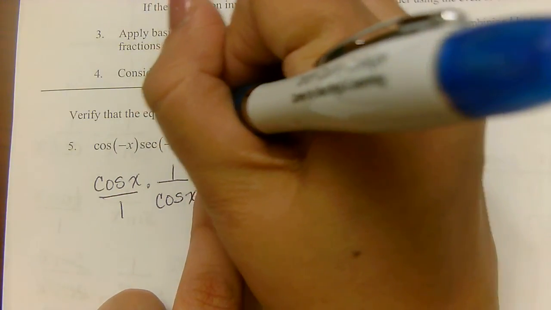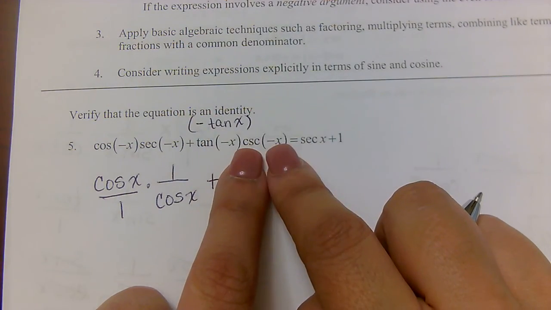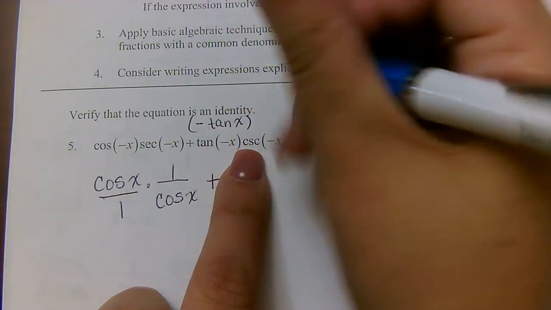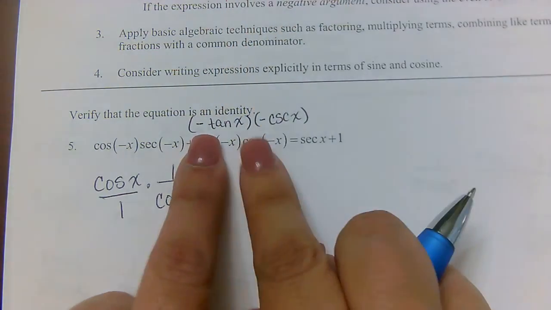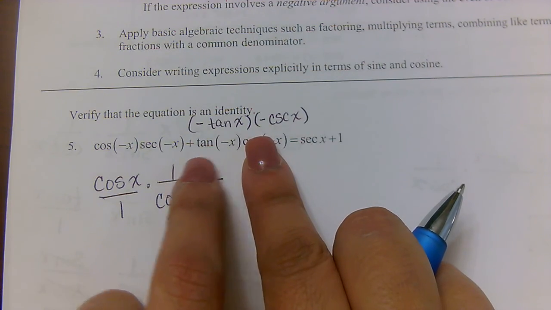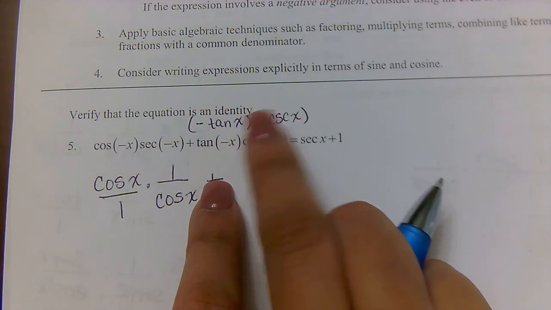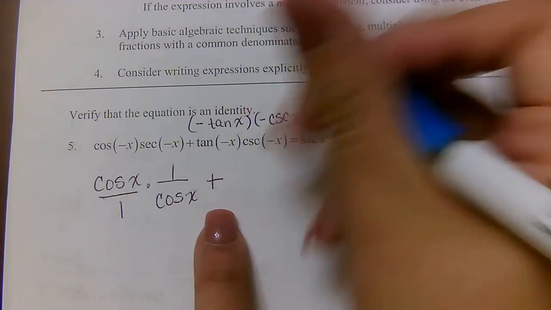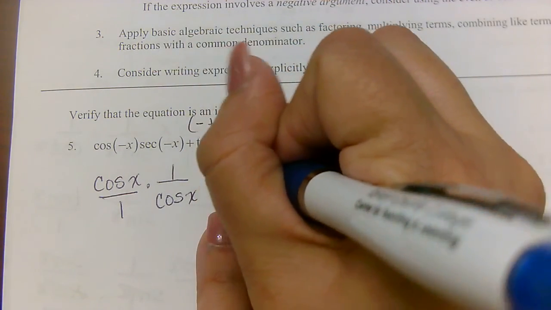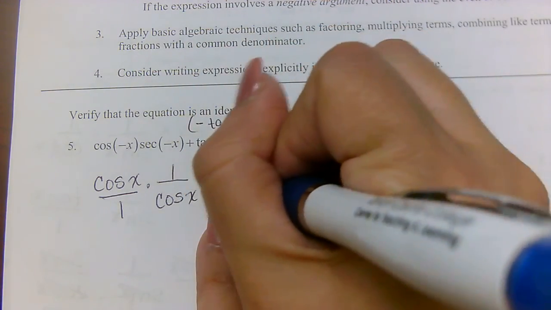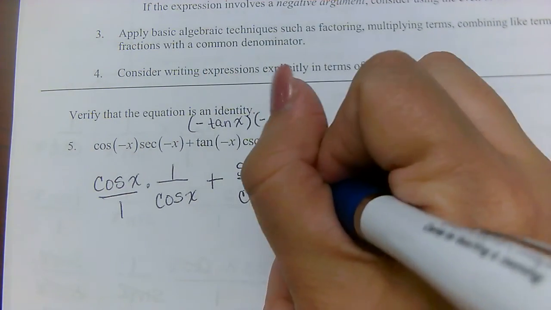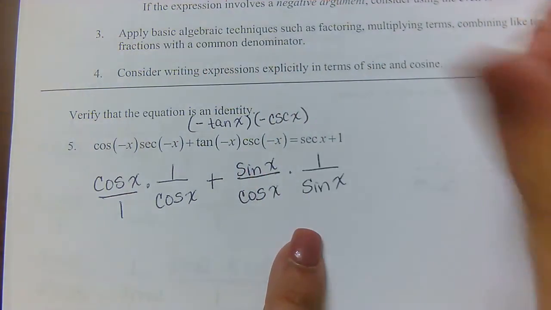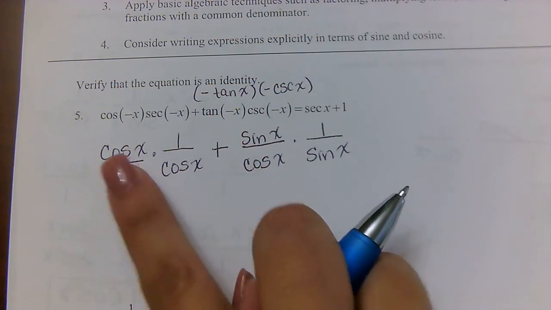So this would be negative tangent x. And cosecant is an odd function, which means the negative also has to come out. Two negatives make a positive. So I'm going to rewrite tangent as sine over cosine and cosecant as 1 over sine. Now we can go ahead and eliminate.